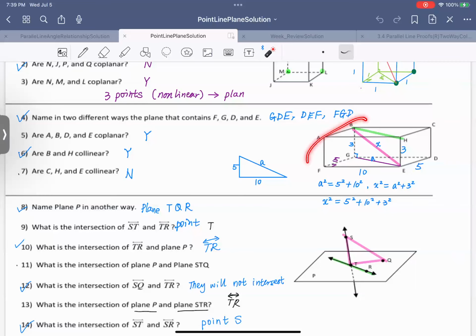Everybody finish drawing this. So you finish drawing, show me on camera, please.